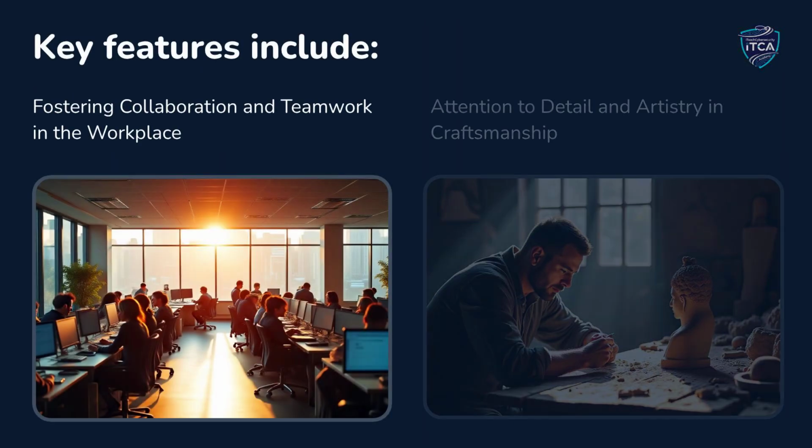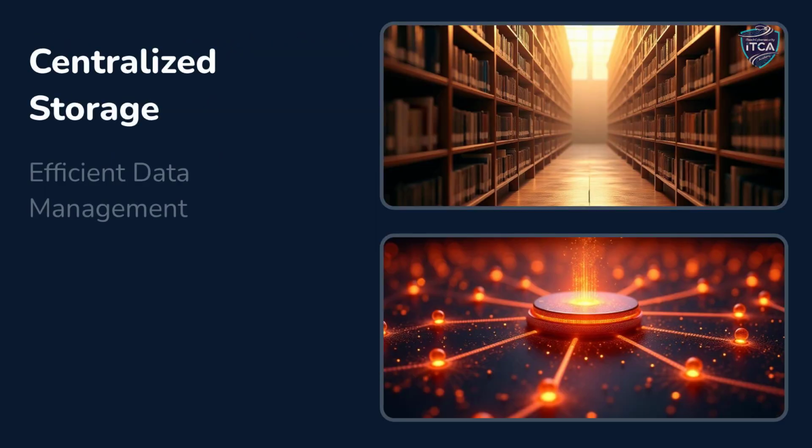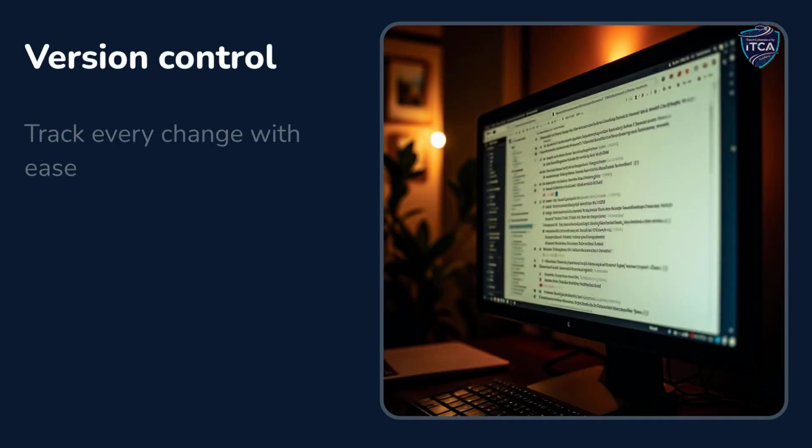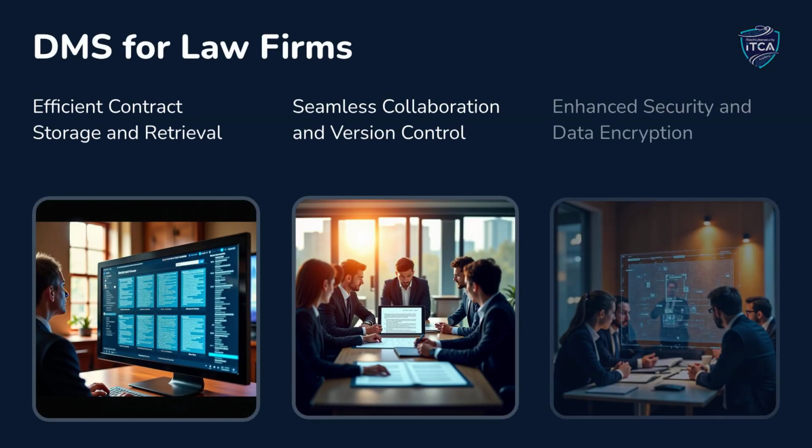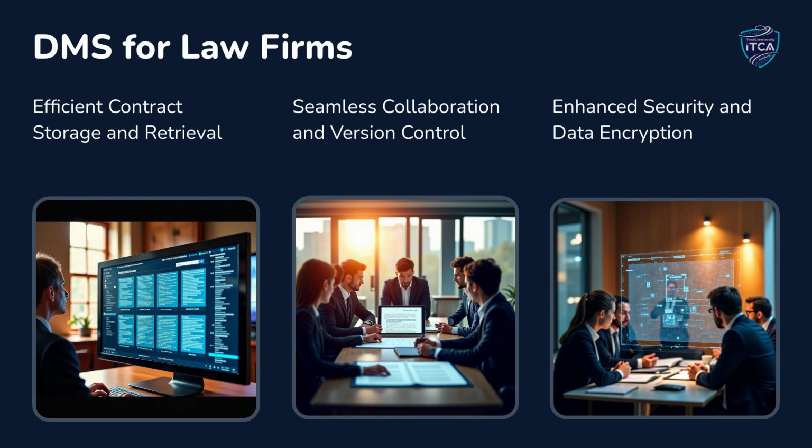Key features include centralized storage, version control so you always know who edited what, searchable files, access permissions for security. For example, law firms use DMS tools like Microsoft SharePoint or DocuWare to store contracts, so multiple lawyers can collaborate securely without losing track of changes.